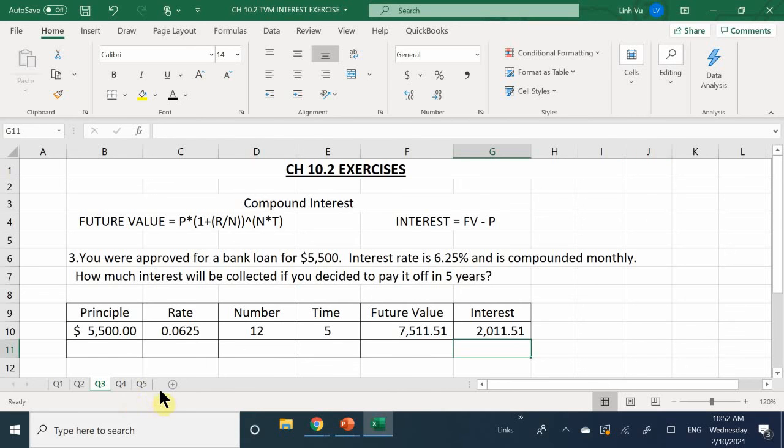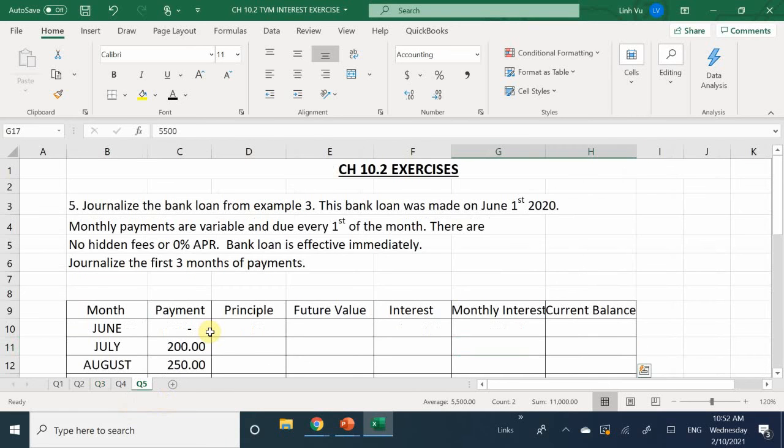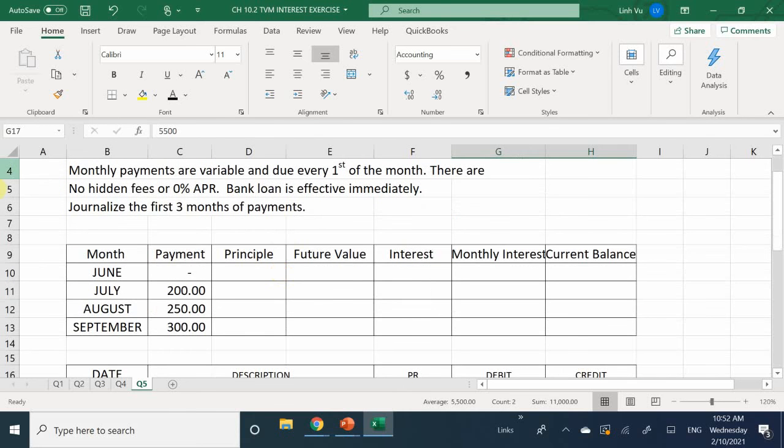So let's apply that concept and place it into here. So on June, you didn't make any payments because that's the day that you received the loan. In reality, you don't pay within the same month as you receive this loan because obviously you're going to take that money and go spend it.